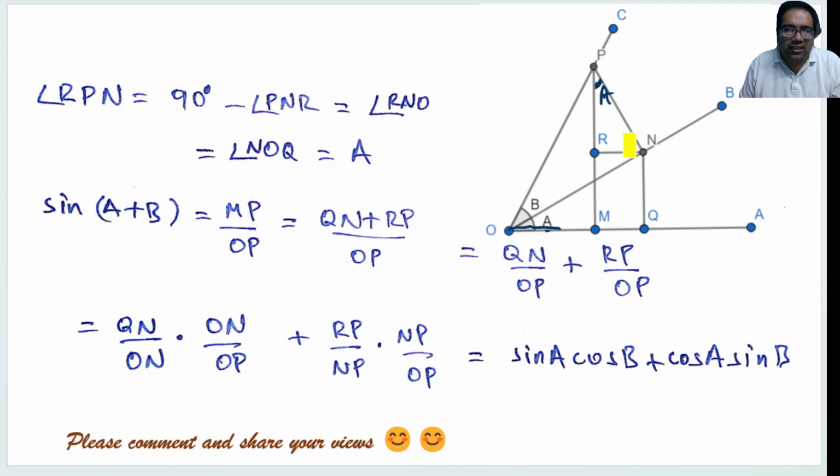Because this is also a right angle, this plus this should equal 90 degrees, and this plus this should be 90 degrees. These two lines are parallel, so this A becomes this angle, which is also A, and this A becomes this angle, which is also A.